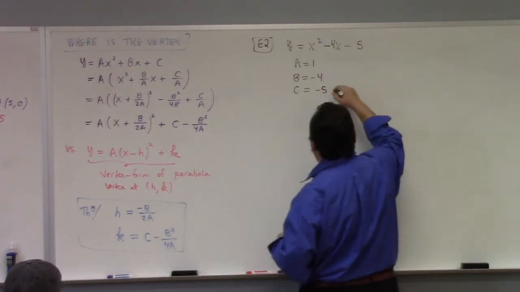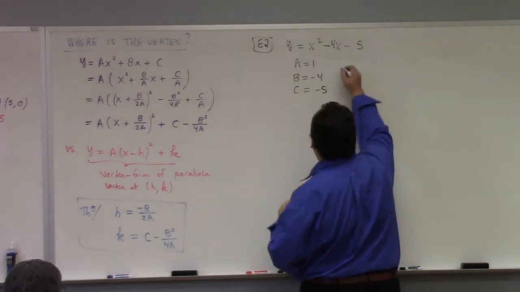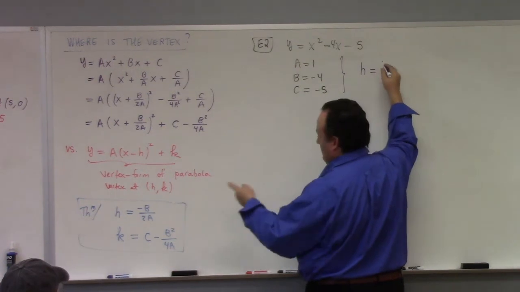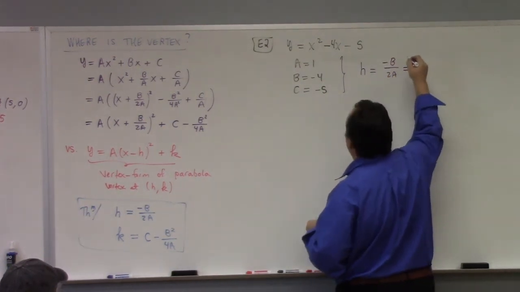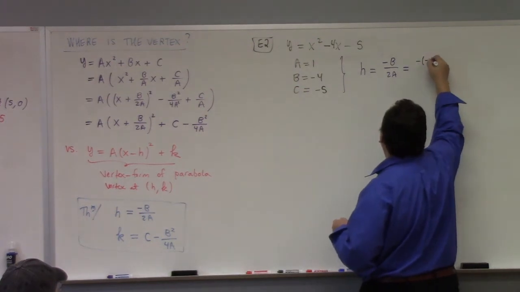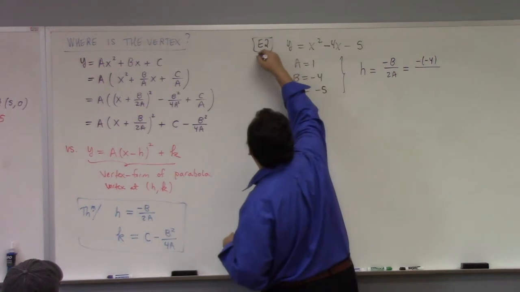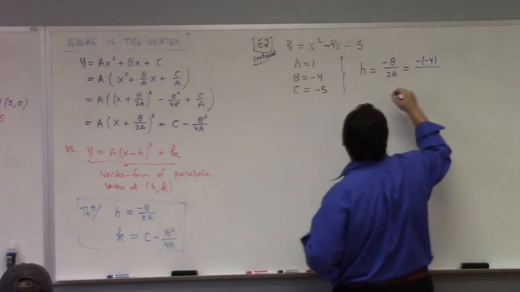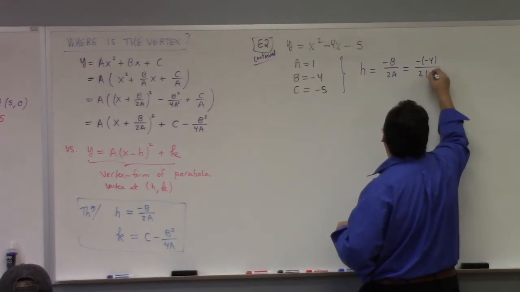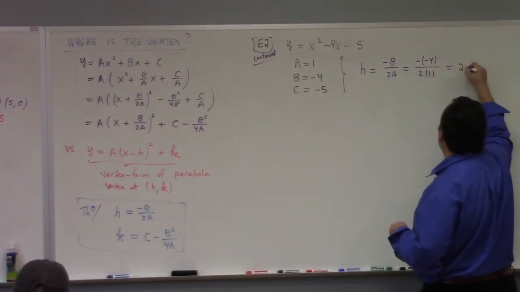If you use the handy-dandy formulas there, this gives you what? h equals minus b over 2a, which in this case is? Example 2 revisited, continued. Sorry. No, you're fine. Good question. 2 times 1. So we get 4 over 2, also known as 2.